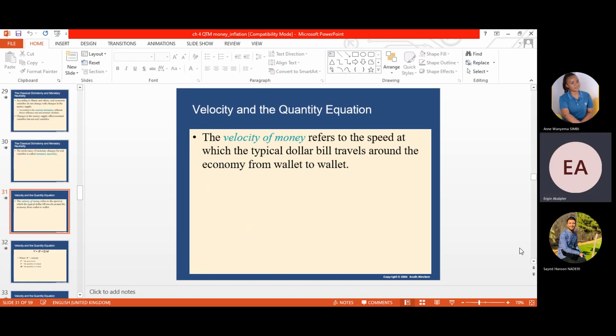The velocity of money refers to the speed at which the typical dollar bill travels around the economy from valley to valley, which means from place to place, the dollar or the Turkish lira is transferring, traveling and exchanging, and this will then cause some impact on the economy.